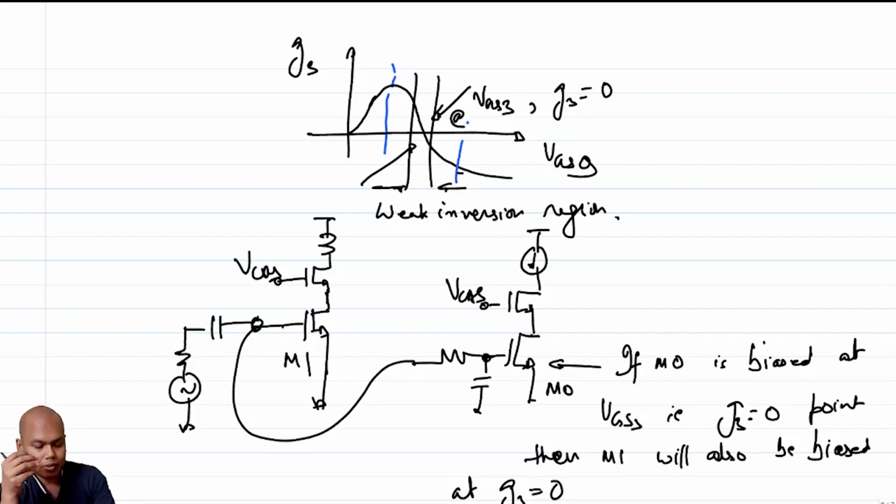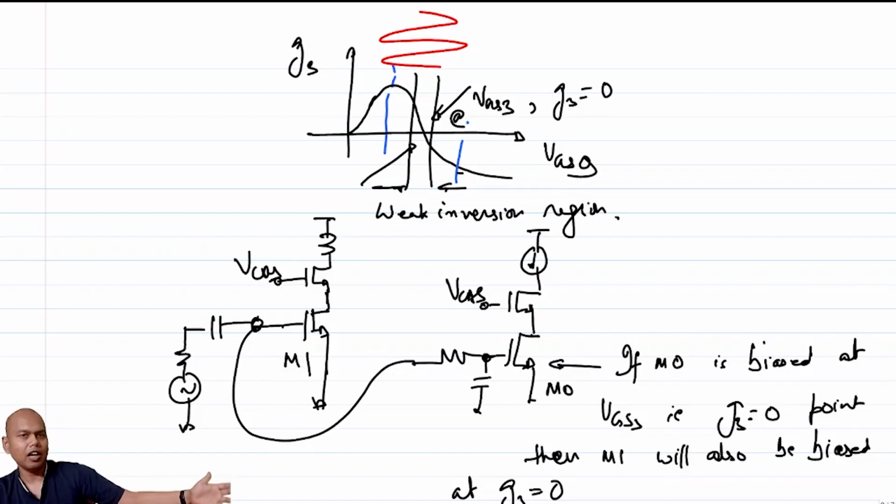As it turns out, if your signal swing is large, which means that you are not only swinging around G3 equal to 0, you are swinging quite a lot away from the G3 equal to 0 point, then your signal is not limited to the sweet spot, it is experiencing a large variation of G3.